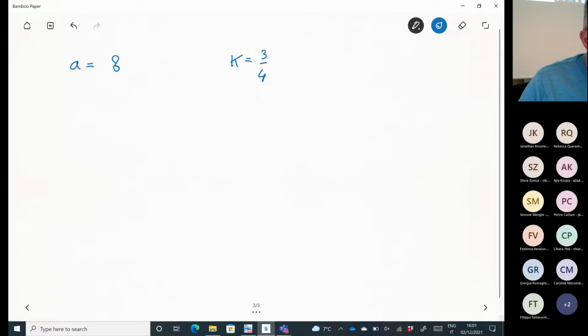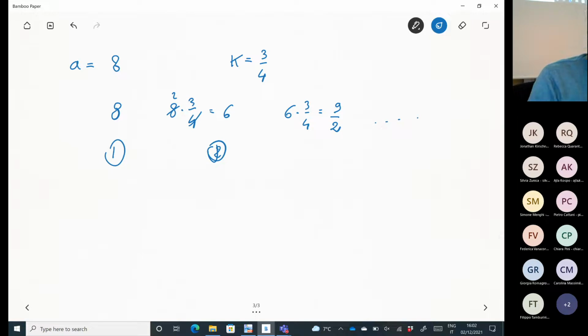Okay? So the first term is 8. The second term is 8 times 3 over 4 equal to 6. The third term would be 6 times 3 over 4. So this is 3 over 2, okay, 3 over 2, 9 over 2. And so on and so forth, okay?